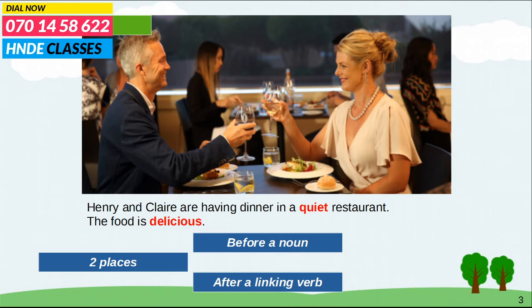So, special point for you to note down: since linking verbs don't take objects, they can't take objects because they don't express an action. Whatever they take are called complements.